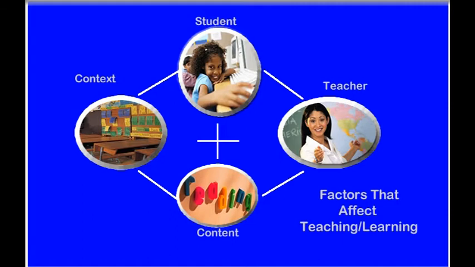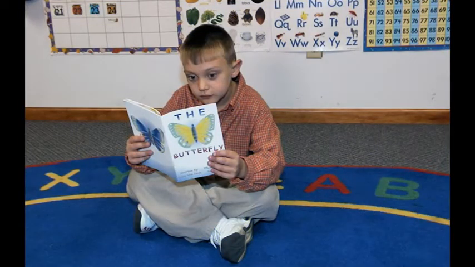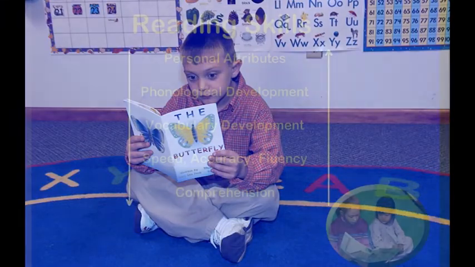Each of these influences the other in significant ways. As the teacher, your initial focus is always on the student. Prescriptive teaching begins with a diagnosis to determine the learning characteristics of the child in order to match instruction to the child's particular learning needs.